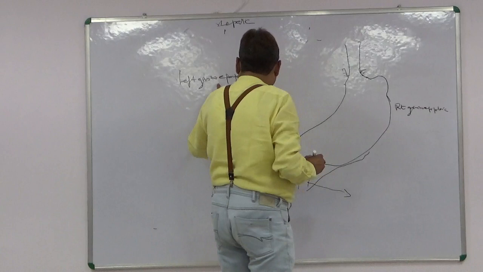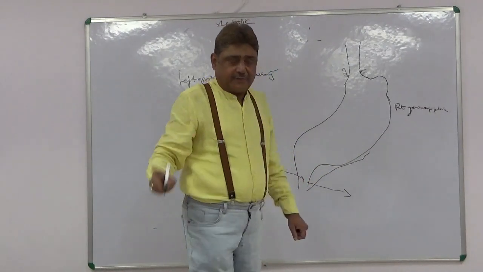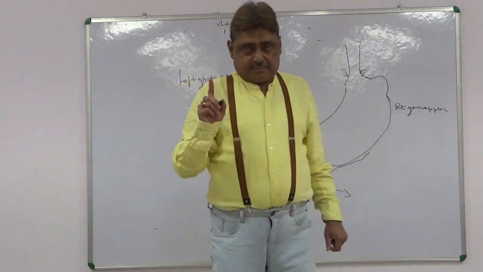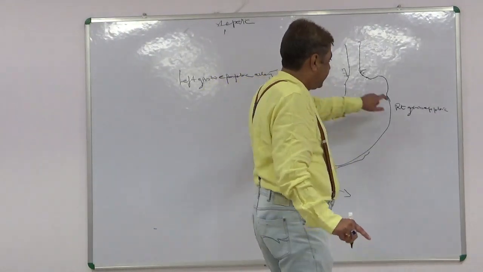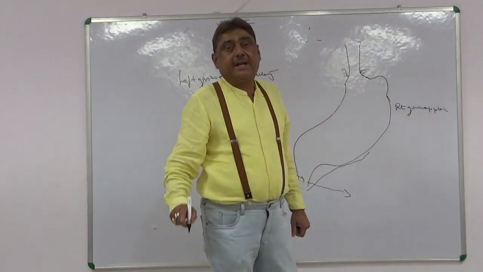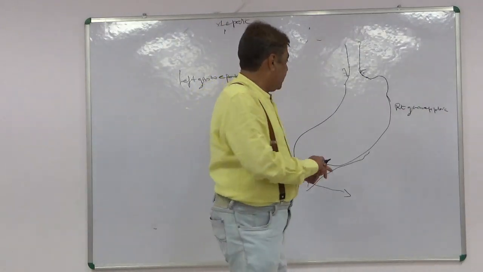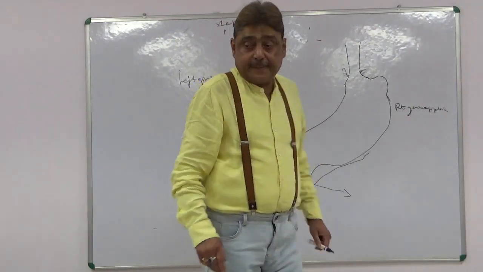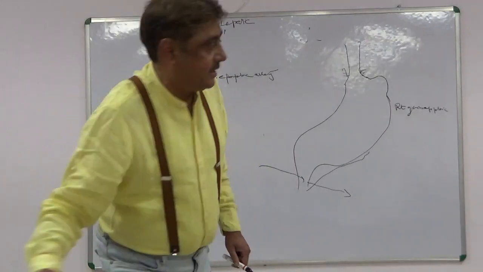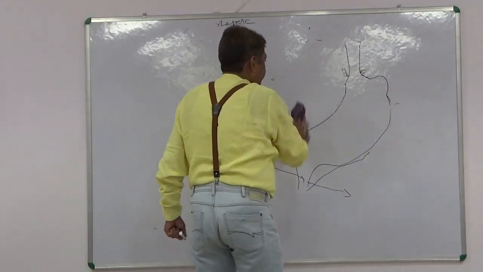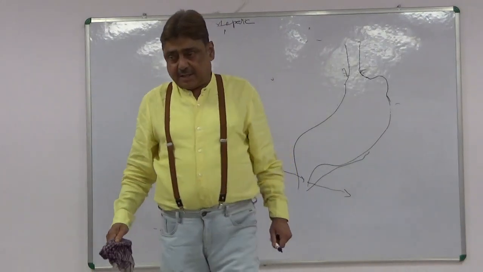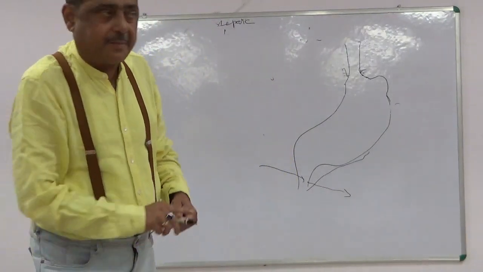The right gastroepiploic artery is the branch of the pancreatoduodenal artery and hence the hepatic artery, and the left gastroepiploic artery is a branch of the splenic artery. Hence you have covered the lesser and the greater curvature of the stomach.